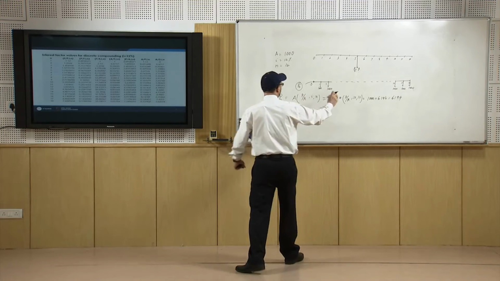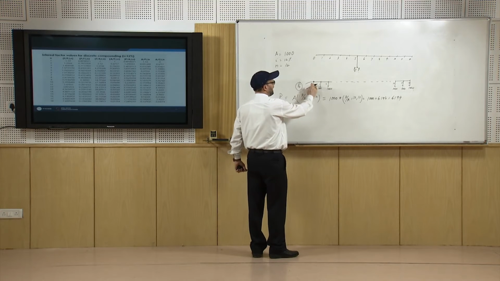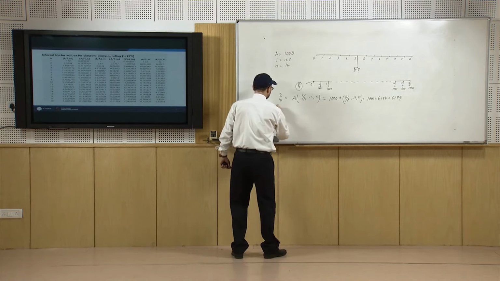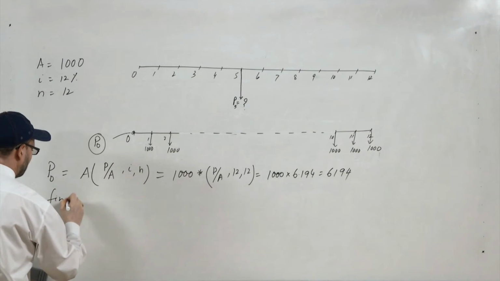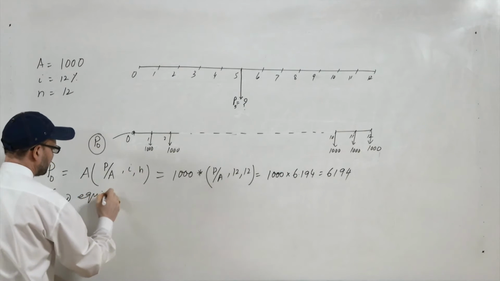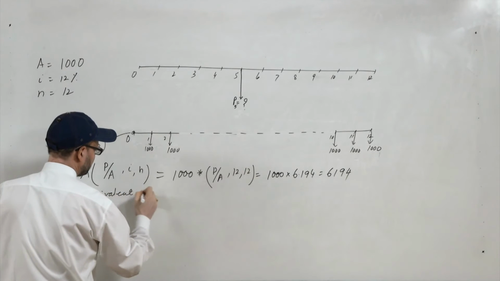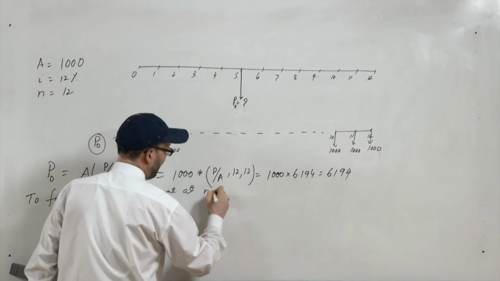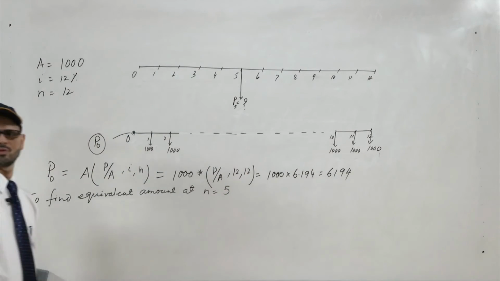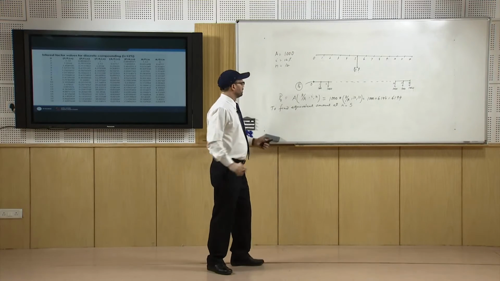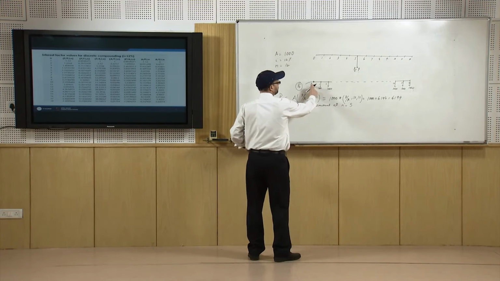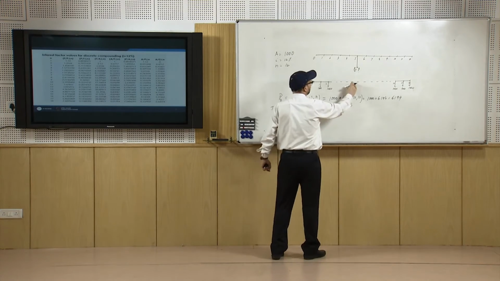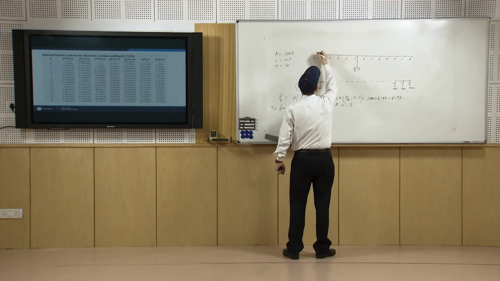Now, this amount is the equivalent amount at 0 time. We have to find the equivalent amount at n equal to 5. So, this amount should be multiplied with F by P 12 5.